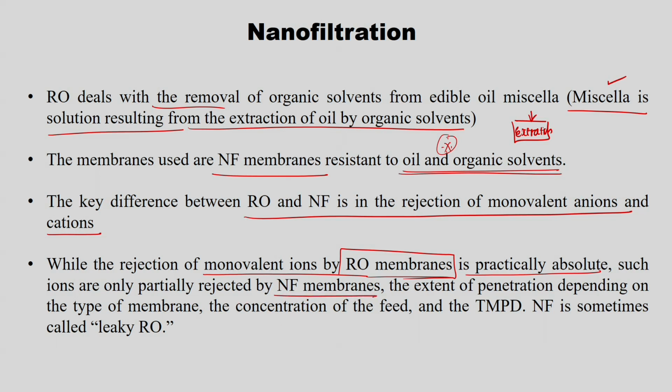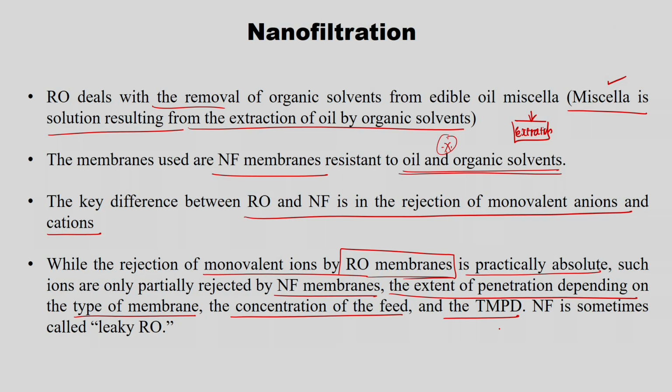So, it cannot reject the monovalent ions fully, right. The partial removal of the monovalent ions depends on the extent of penetration, depending on the type of membrane, concentration of the feed and TMP, right. So, why it is partially removing the monovalent ions is because of these three major factors.